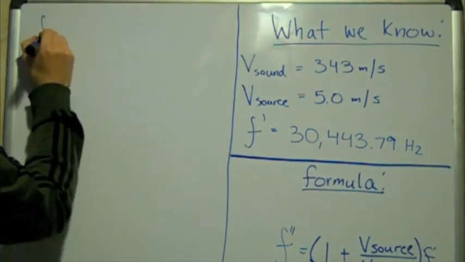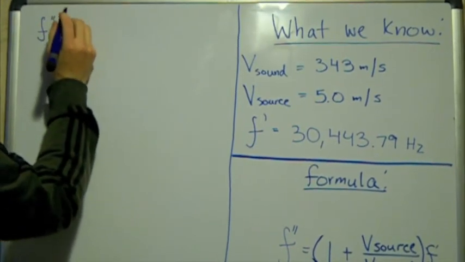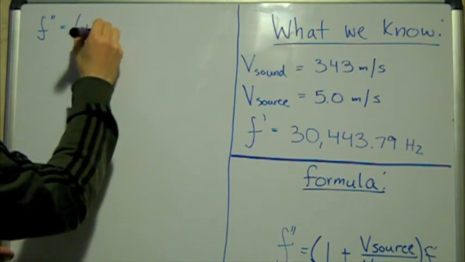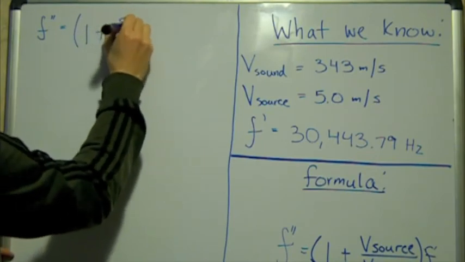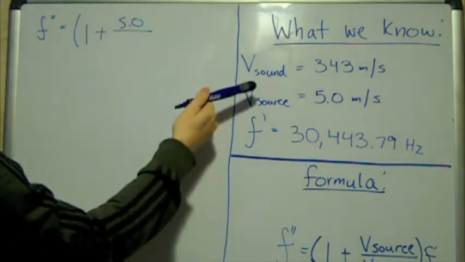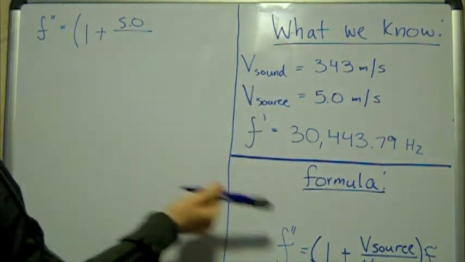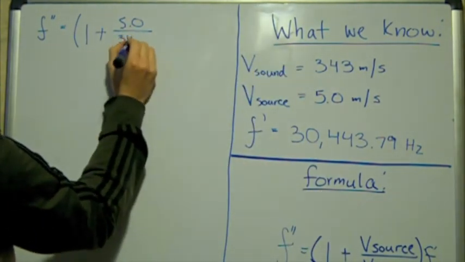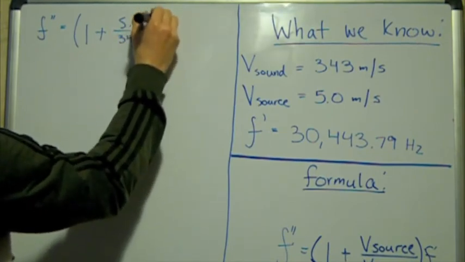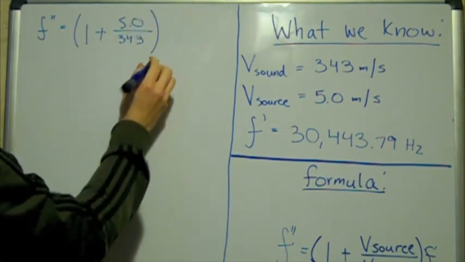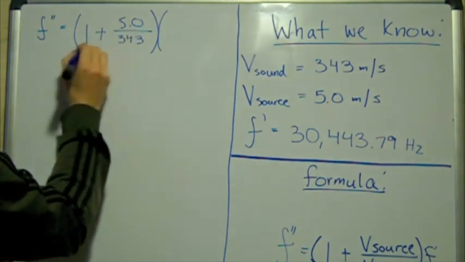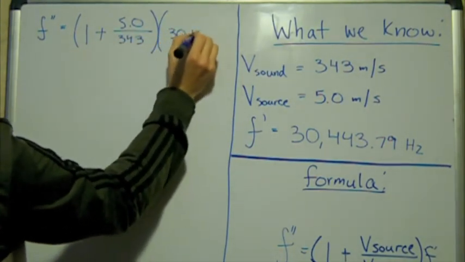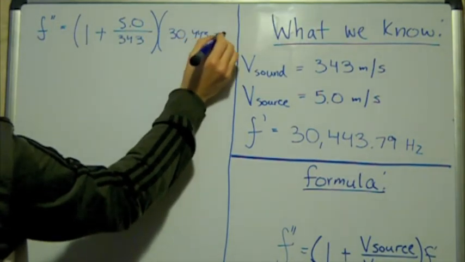We're going to write f double prime is equal to 1 plus 5.0 meters per second, because that's v source, over v sound, the speed of sound, which is, as you know, 343 meters per second. We're going to close that parenthesis, and then multiply everything in this parenthesis by 30,443.79 hertz.